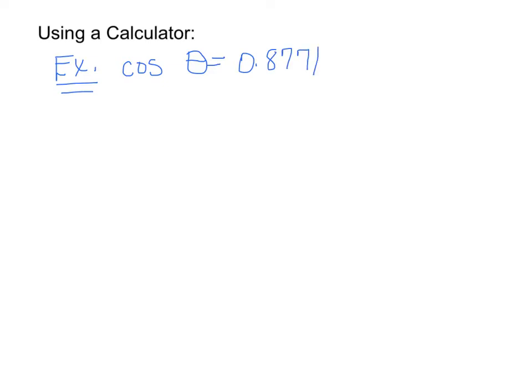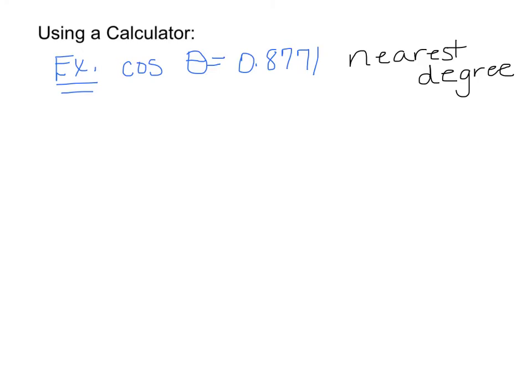That means that they've already found this angle, and when they did the cosine of this angle, that's what they got when they actually did it with the calculator. And they'll tell you, for example, if they ask you to round to the nearest degree, make sure your calculator is in degree mode.